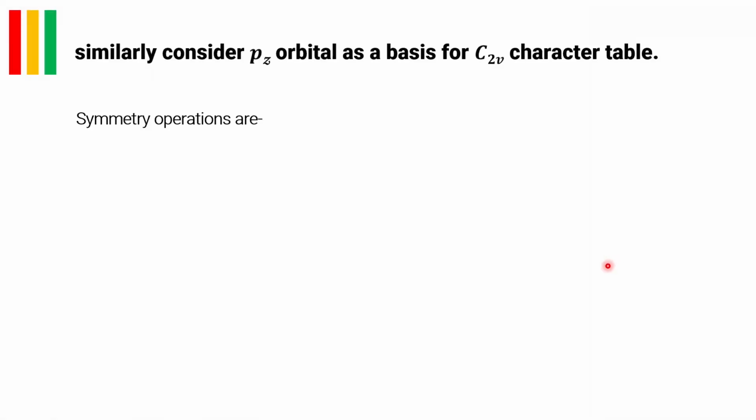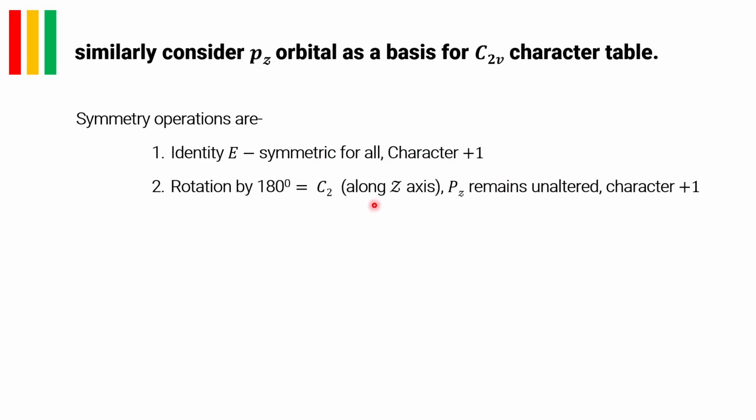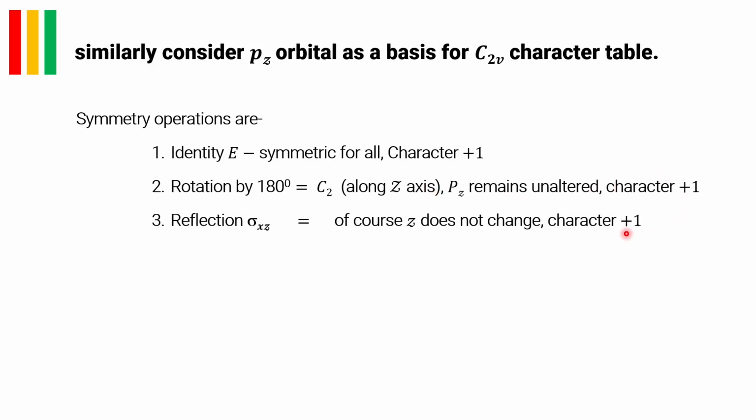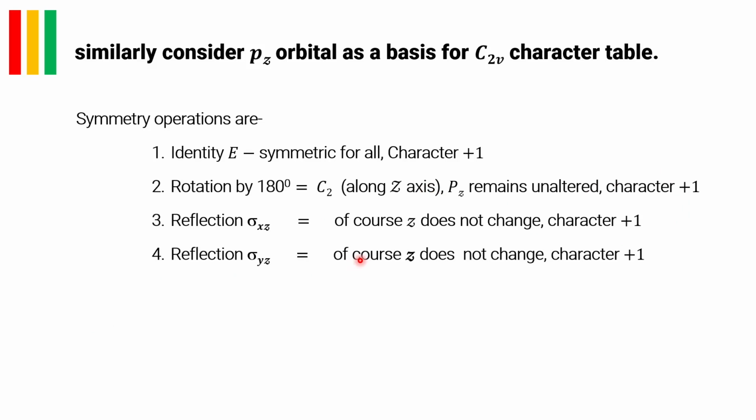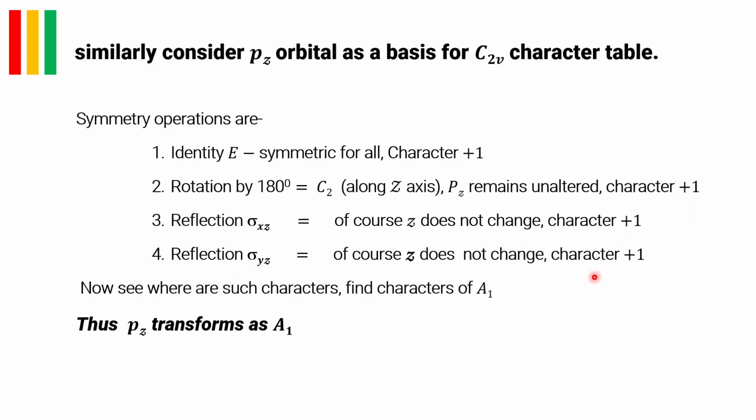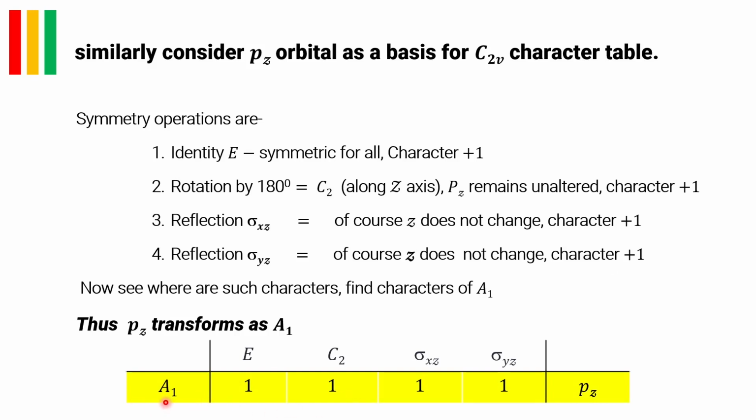The same way you can go for the z orbital. For identity, the character would be plus 1. Rotation by C2 about the z-axis itself is not going to change it; it is plus 1. For the xz plane, z is contained, so the character is plus 1. For yz, z is there, so the character is plus 1. All of them are plus 1, and therefore it transforms as A1.